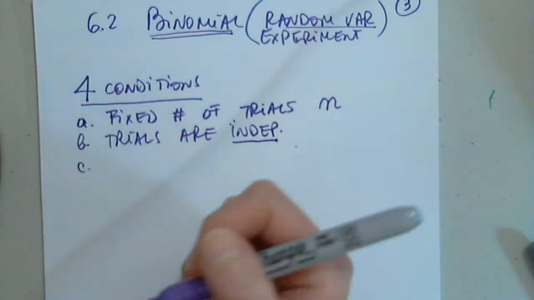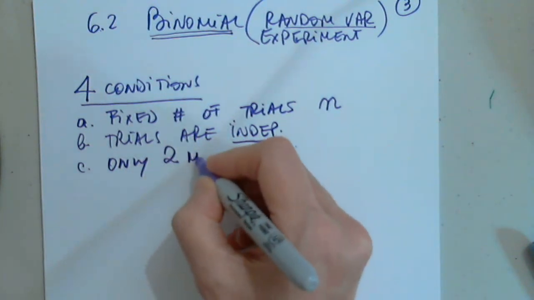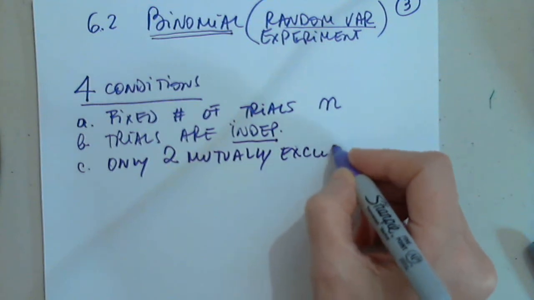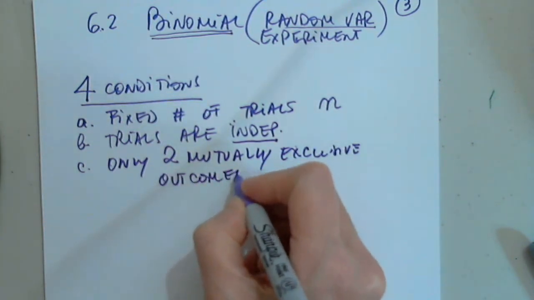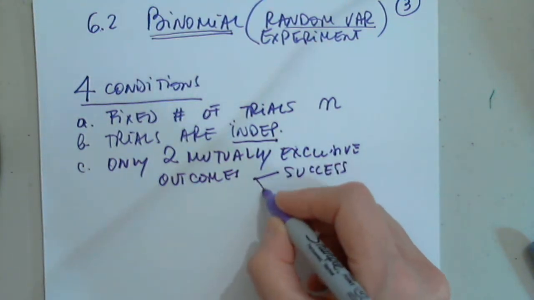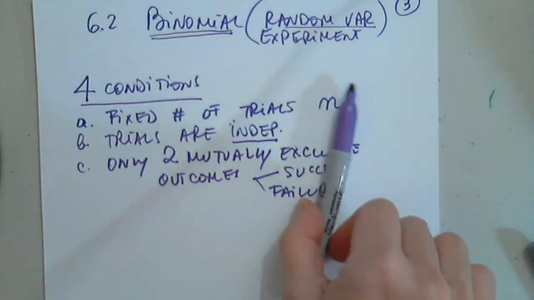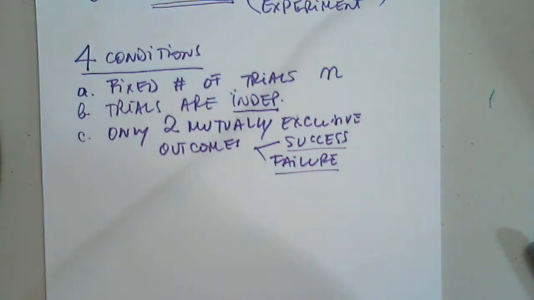Part C, this third one, there are only 2 mutually exclusive outcomes. We like to call them success and failure. You don't have to call them like that, but we like to call them success and failure.